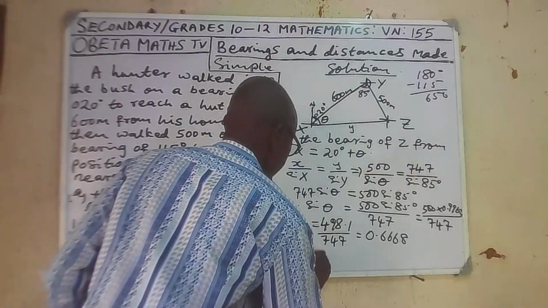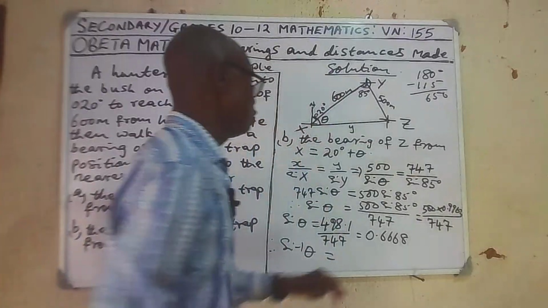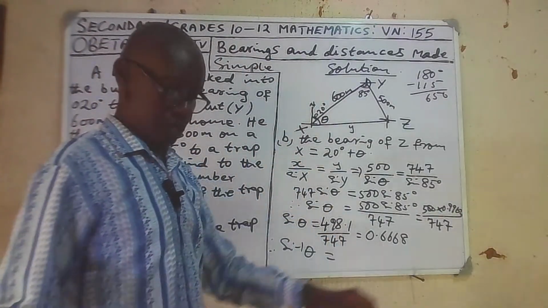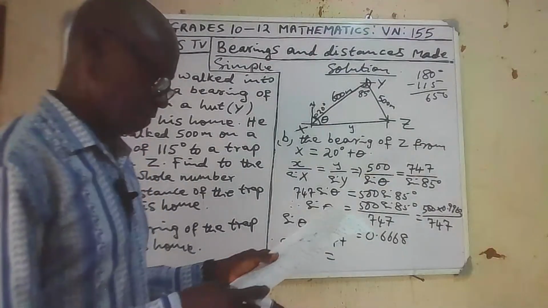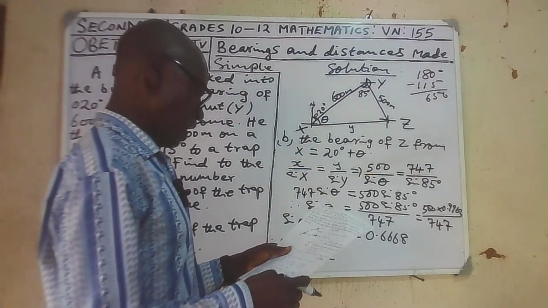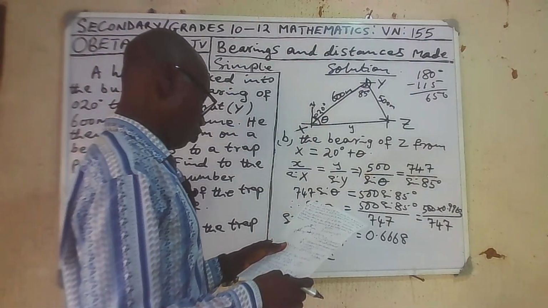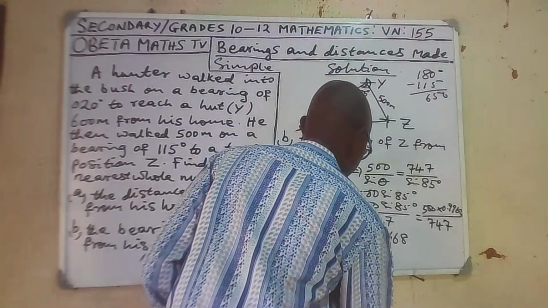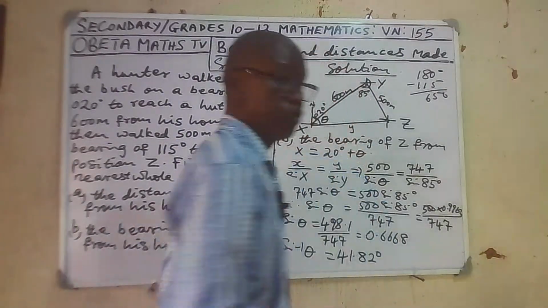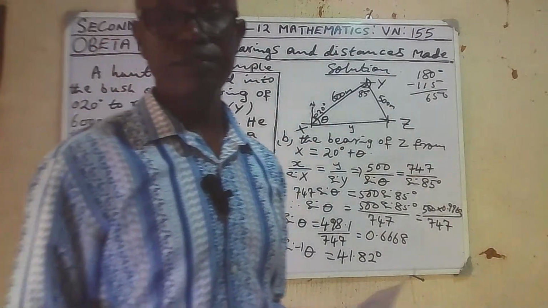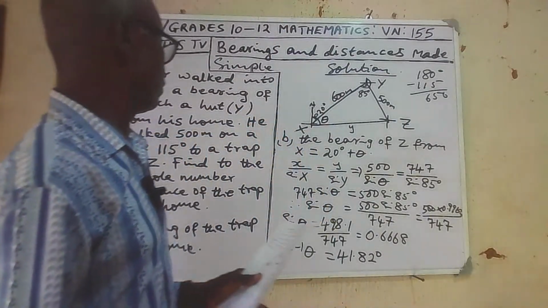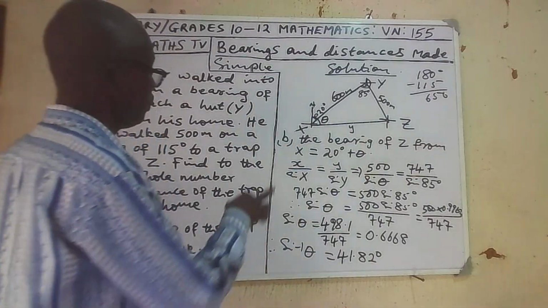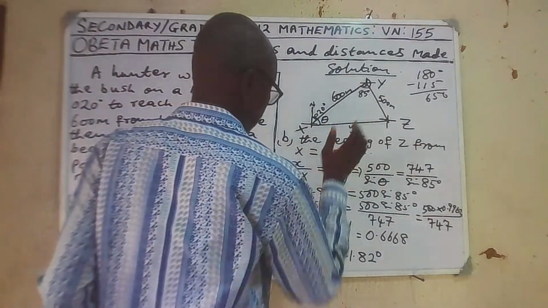So you find the sine inverse. Therefore, theta is equal to sine inverse of 0.6668, which you check from the table to get the particular angle, and that gave us 41.82 degrees. Remember that is not the bearing. The bearing should be 20 plus whatever theta is.